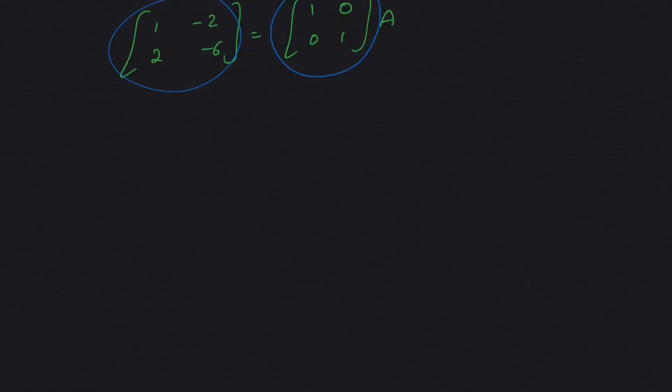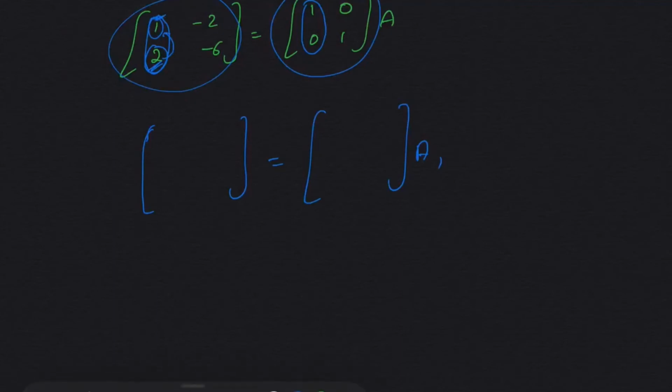Generally, the first entry is already one, so no problem there. We try to convert the rest of the column into the identity column. So the operation that I will apply here is R2 minus 2 times R1, that is, R2 changes to R2 minus 2 times R1.